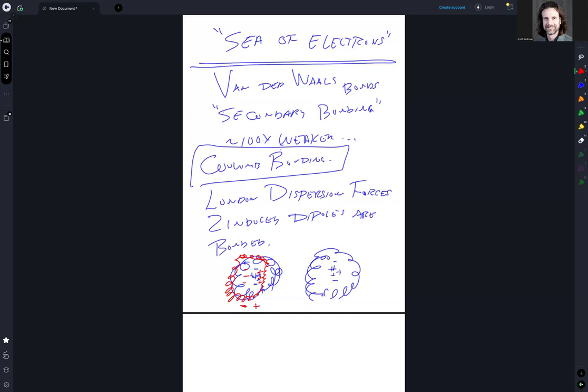And if it's near enough to a neighbor, that will induce a similar shift in which they bond. So London dispersion forces are two induced dipoles.